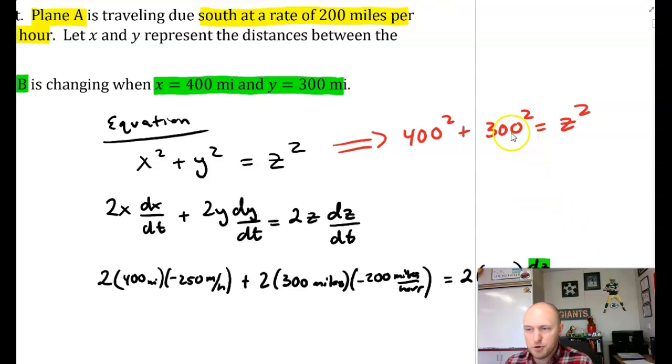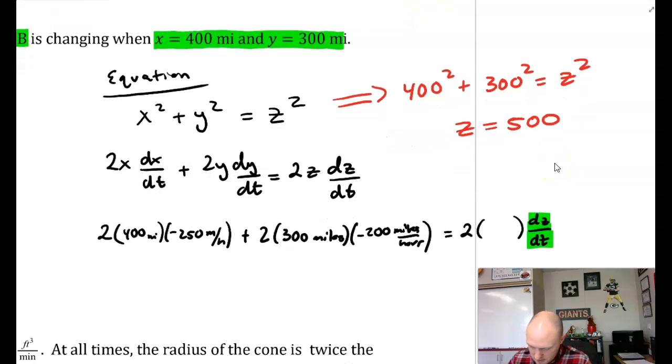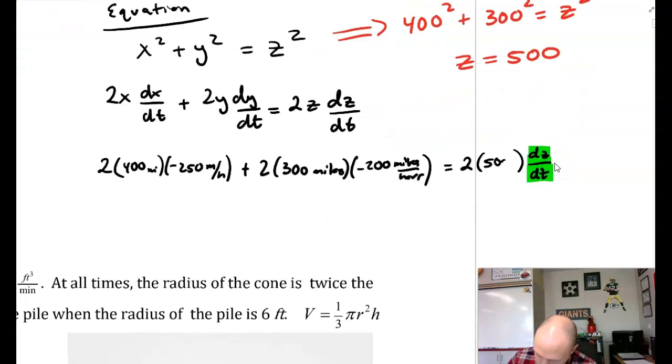I have multiples of 100, and this triangle is a 3, 4, 5 triangle. So if you solve this, you will get z equal to 500 miles.